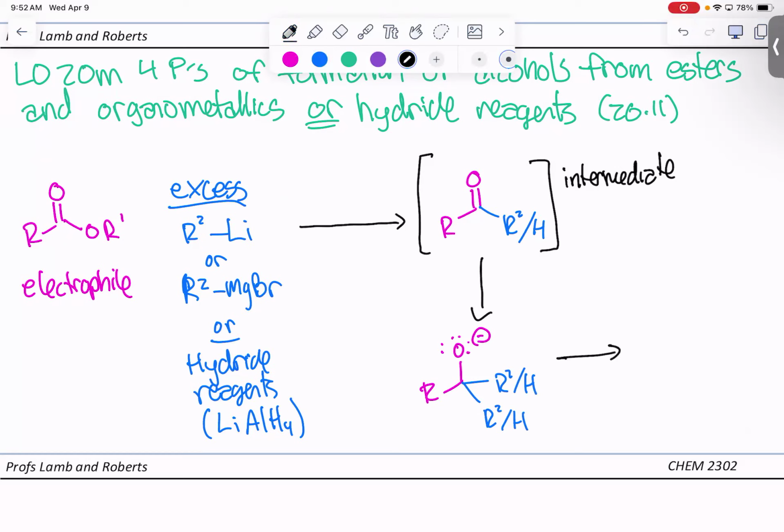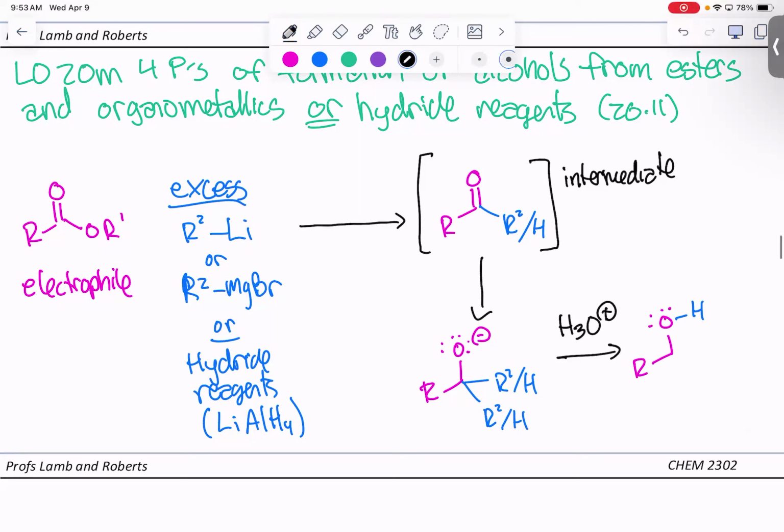All right, and then we know for our organometallics and for our lithium aluminum hydride, we need to either have an acid or an aqueous workup. Then we can get to our neutral compound. That's in a separate step, right? Can't have those conditions in with our organometallic because it would react with that. All right, so the reason why I'm drawing these sort of in one with our hydride reagents is that we know that these hydride reagents react very similarly to our organometallics.